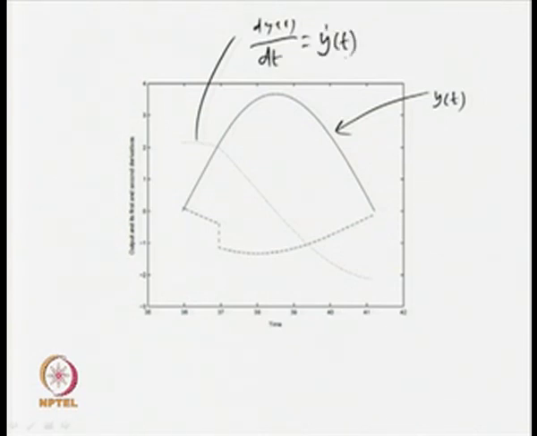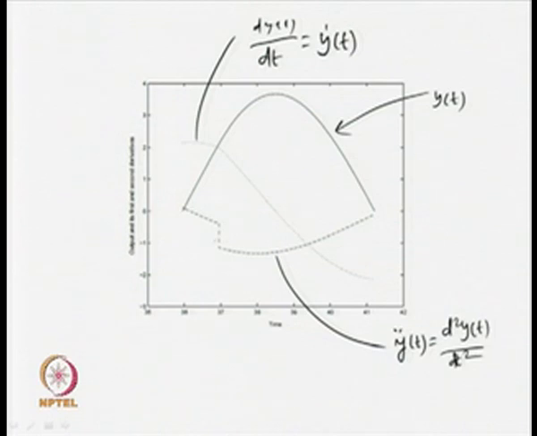When I take a further derivative of the output signal, that is the second derivative, y double dot (t), that gives me d square y(t) upon dt square.